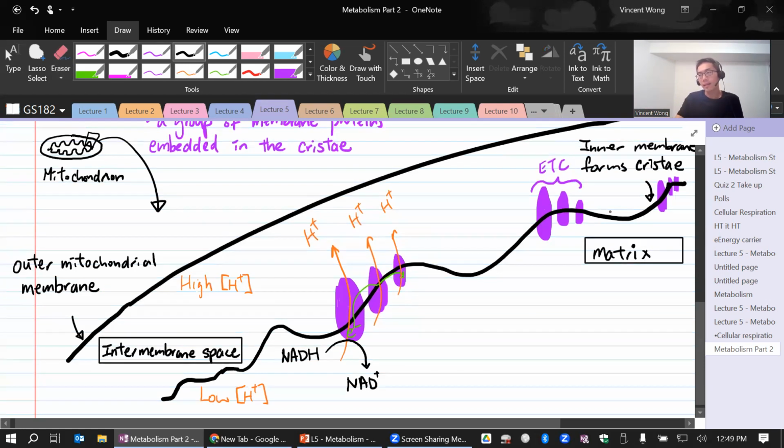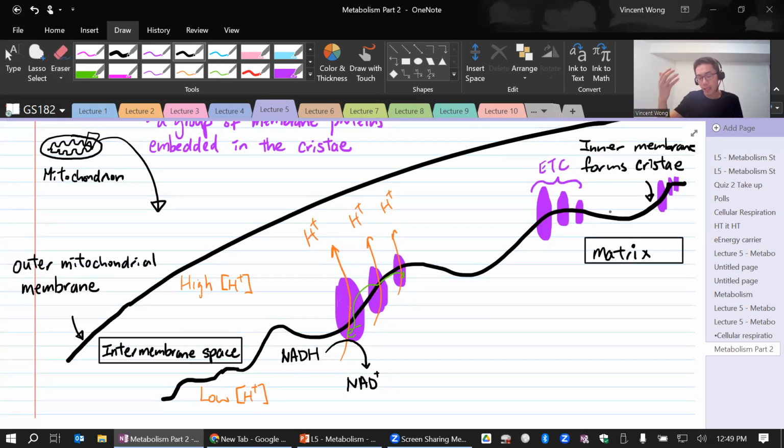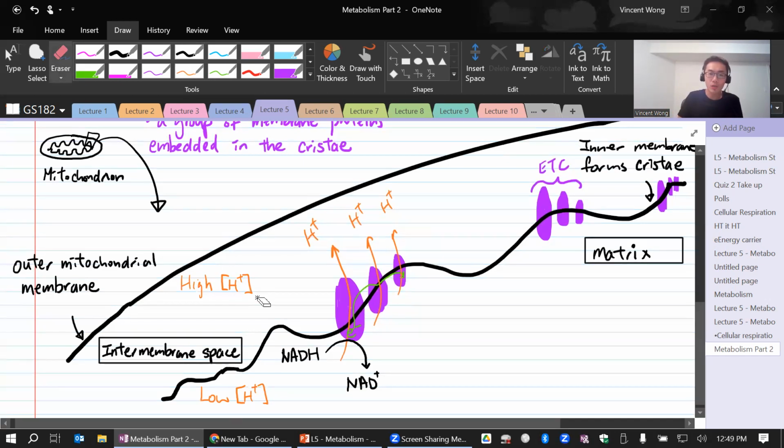So that's why this is an example of active transport. We are going from an area of low concentration to an area of high concentration. And instead of powering the pump with ATP, we are powering it with high energy electrons. All right.